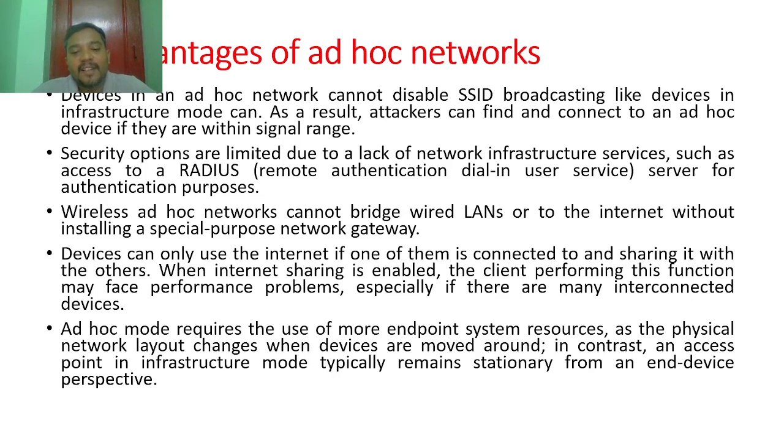So the infrastructure in a temporary network is changed. There is no fixed infrastructure in ad hoc technology, so the infrastructure is changed over time and we cannot access it. But in permanent network technology, we can access the infrastructure. This is the main disadvantage.